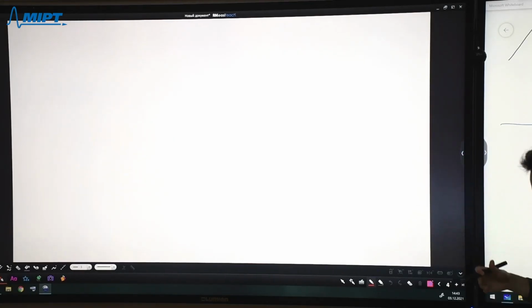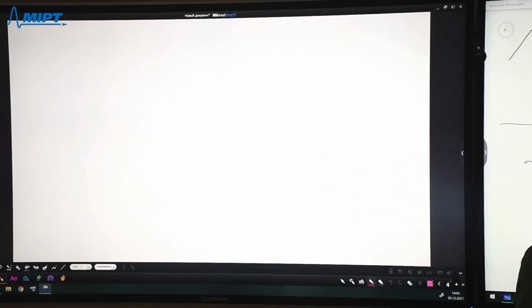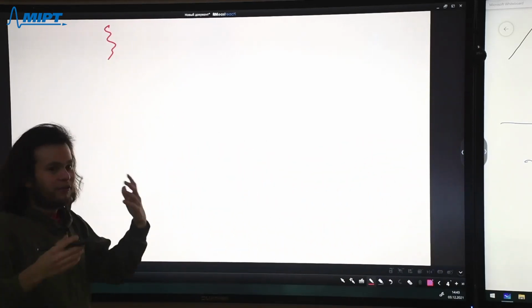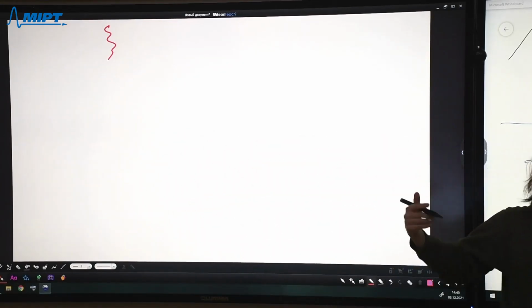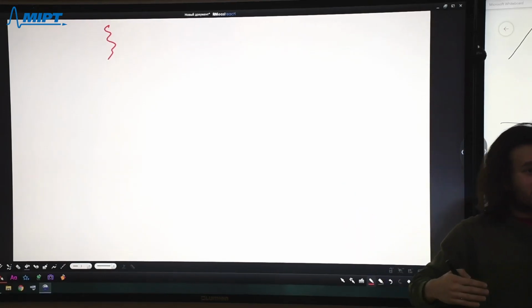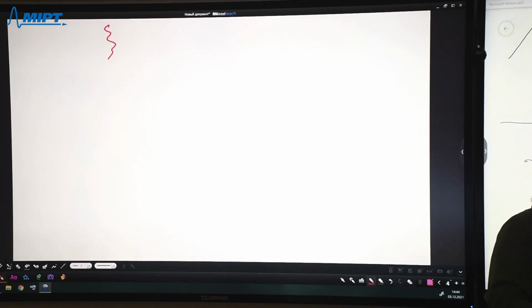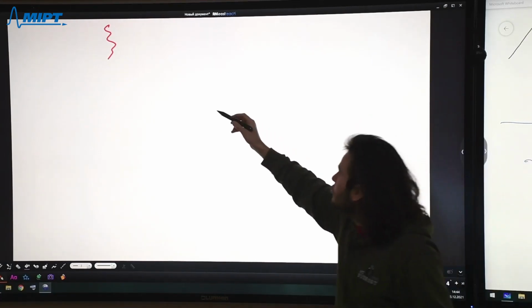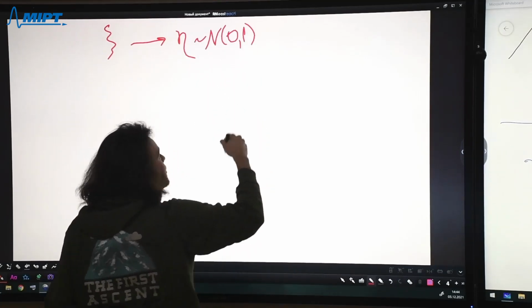Well, we need it, but what I mean is that if you have a large amount of these random variables psi, and you can repeat this experiment 1 million times, it doesn't matter what distribution I have, because the distribution of this random variable, with some things that I'm going to say, is going to tend to a random variable eta with normal distribution with parameters 0 and 1.